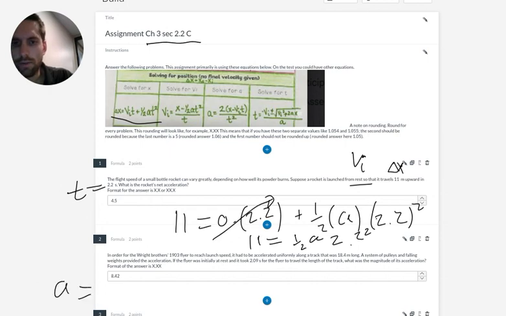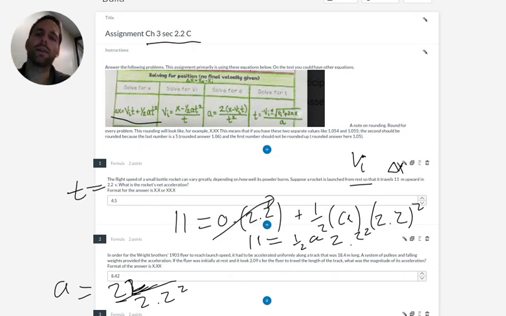So a equals 2 times 11, so 22, divided by 2.2 squared. So I multiply both sides by 2 to cancel the 1/2, and I divide by 2.2 squared as I want to isolate a by itself.